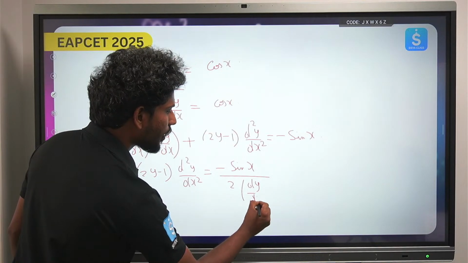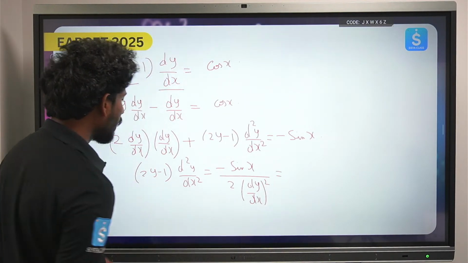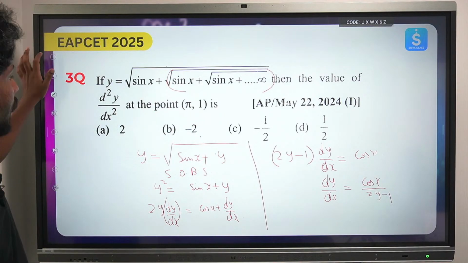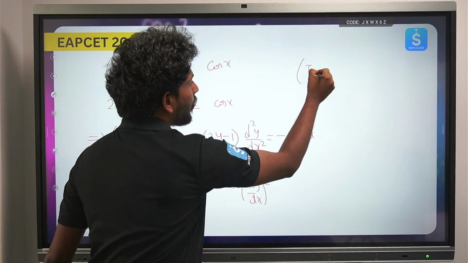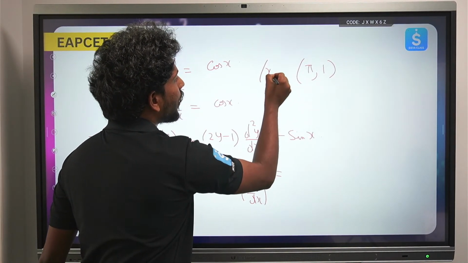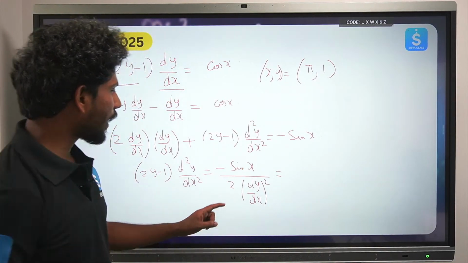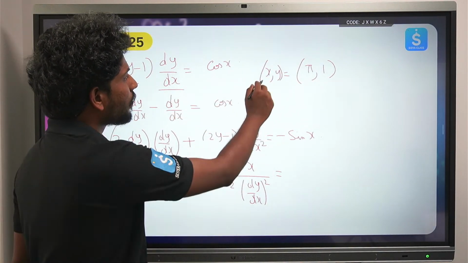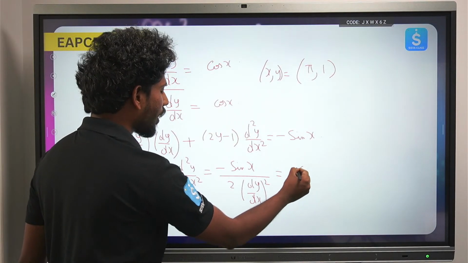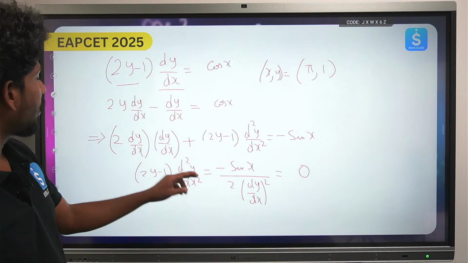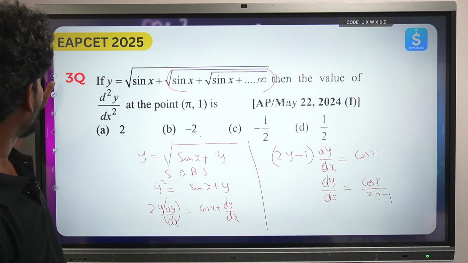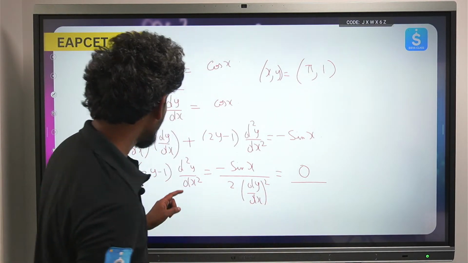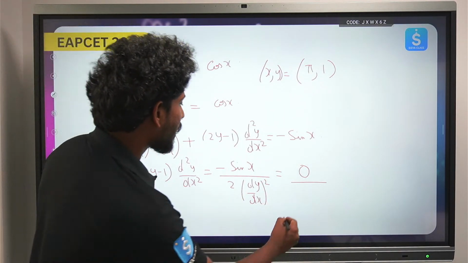Now, he is asking for the values at pi comma 1, so x comma y is pi comma 1. At x equal to pi, sin pi is 0. So d square y by dx square becomes minus sin pi, which is 0, over 2 into dy by dx whole square.